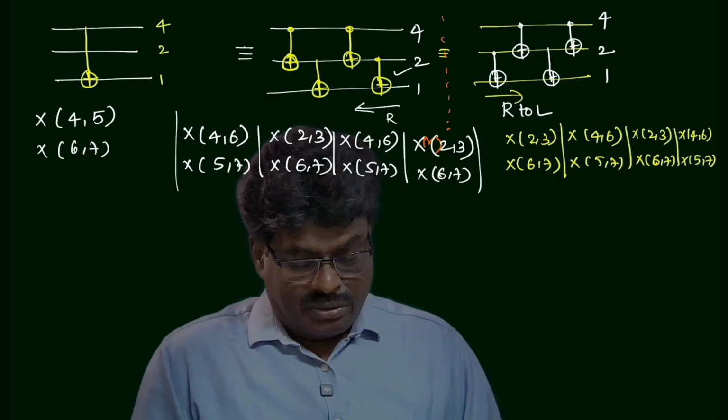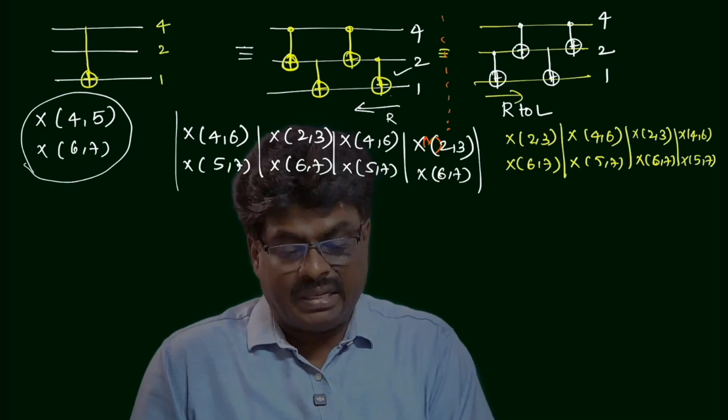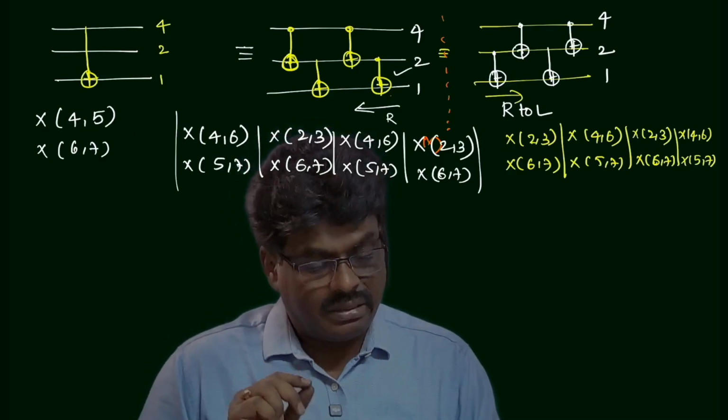Okay, so here we have only 4 5 6 7 combination only, it won't change any 0 1 2 3.